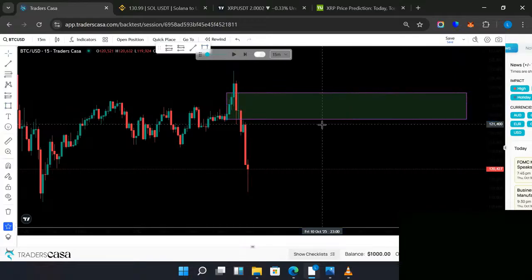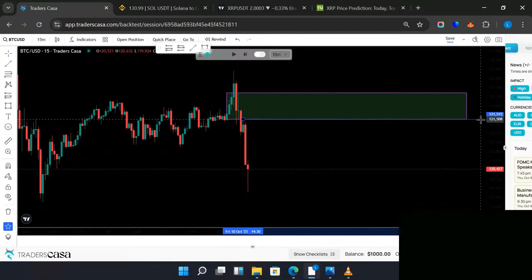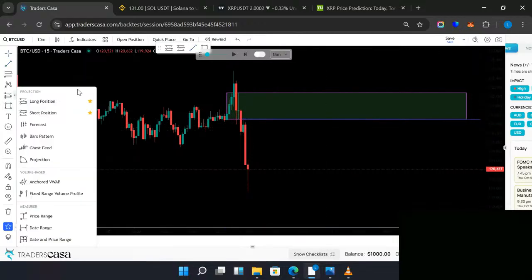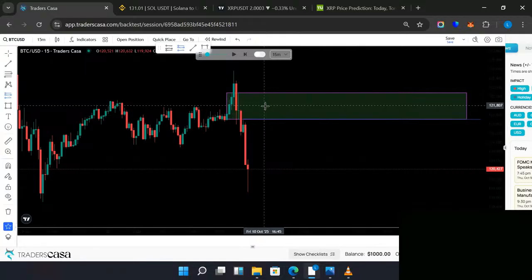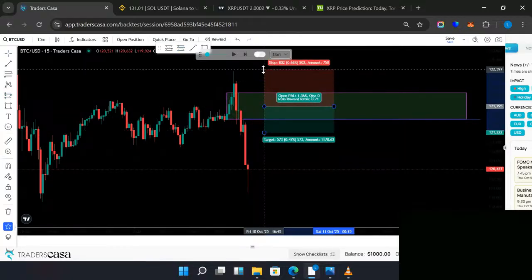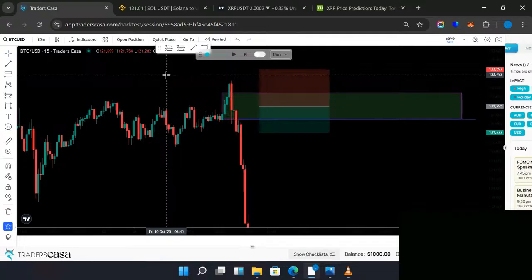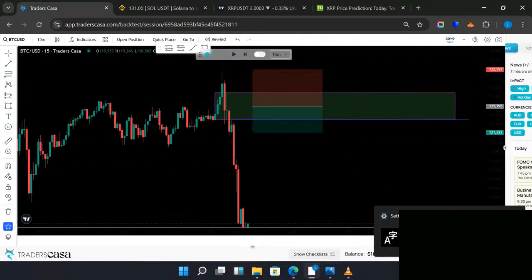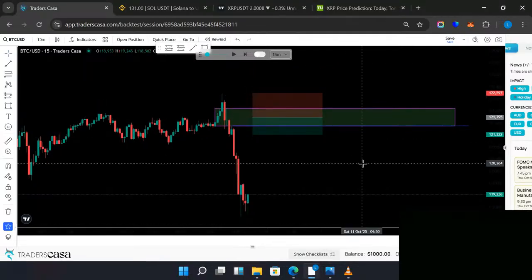So we can take a look here also, and definitely inducement will happen here. So if we put a sell short order here, at half of this order block, and we keep the stop just above here, we wait for the price to show us where the sell side liquidity is.